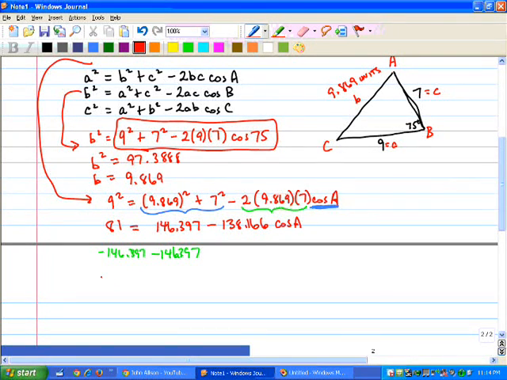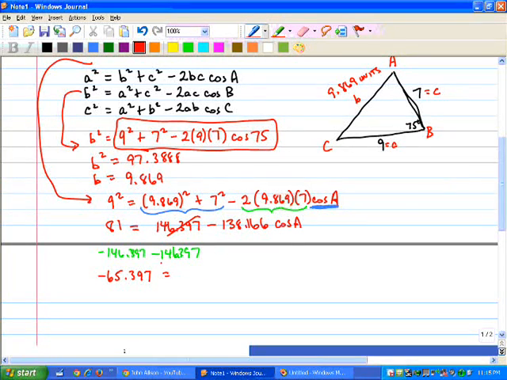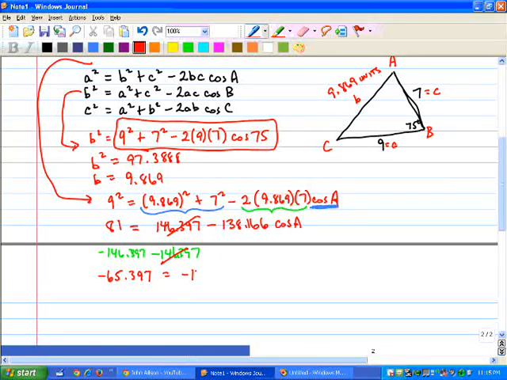That gives me negative 65.397. That leaves me, these two cancel out on the right side, leaves me with negative 138.166 cosine A. So now I'm trying to isolate cosine A. I divide both sides by negative 138.166.